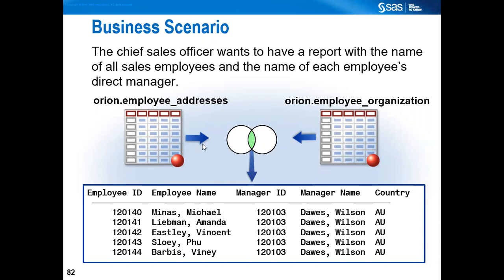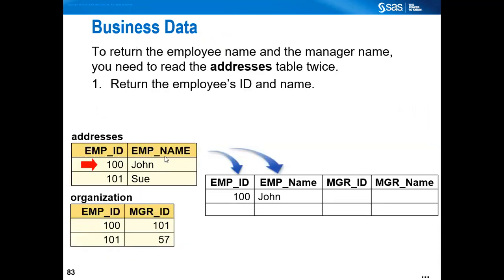Are you getting it now? That's what it's telling. Employee ID and its name will be used to read employee ID and name. But each employee ID also has a reporting manager ID, and each manager is also an employee. See this manager ID 101, he is an employee here.